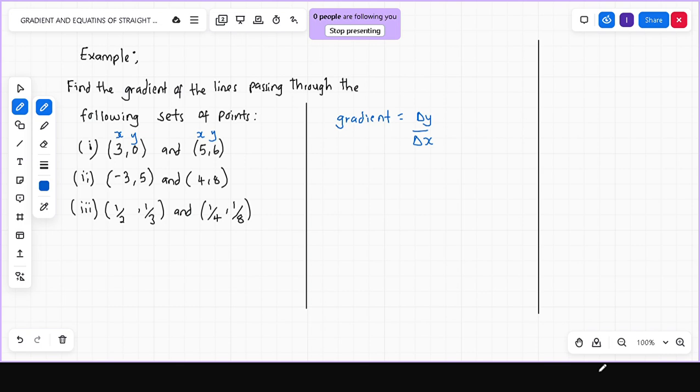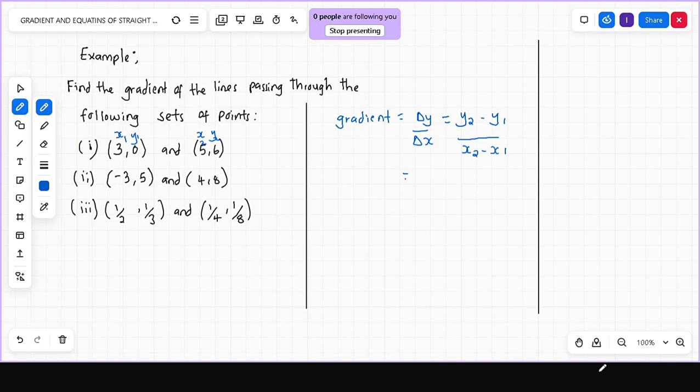If I call (3, 0) the first point, x1, y1, and the second point x2, y2, I can say the gradient is y2 minus y1 divided by x2 minus x1. When I start with y2, I also start with x2. When I finish with y1, I also finish with x1. The same applies if you start with y1 minus y2 over x1 minus x2.